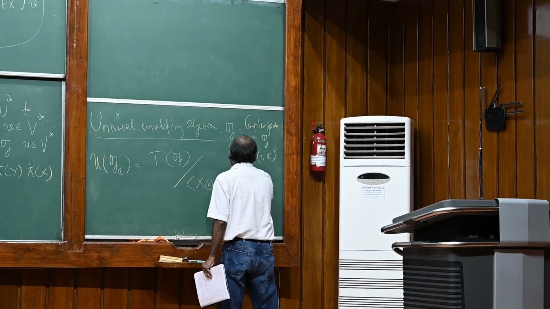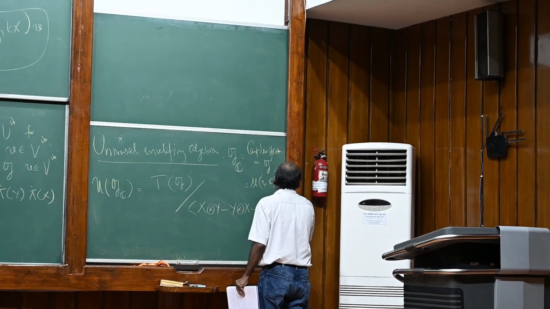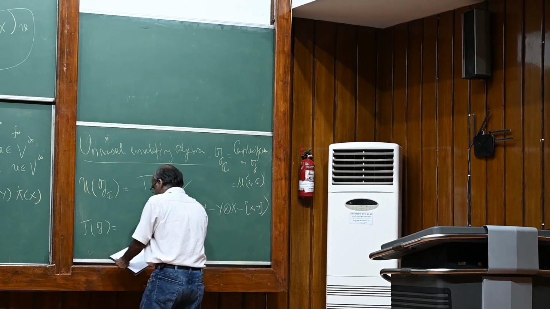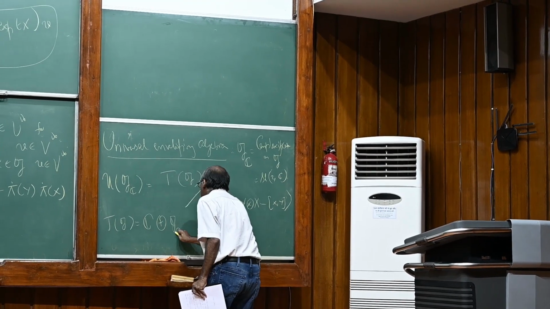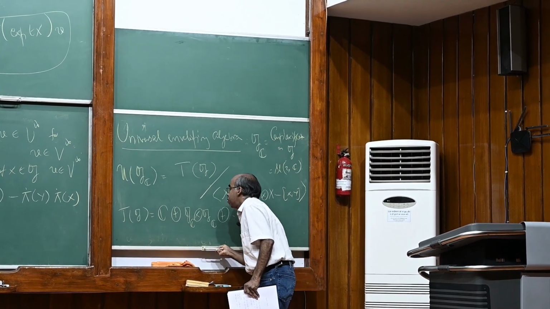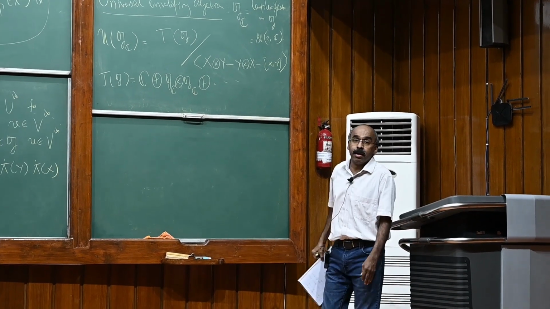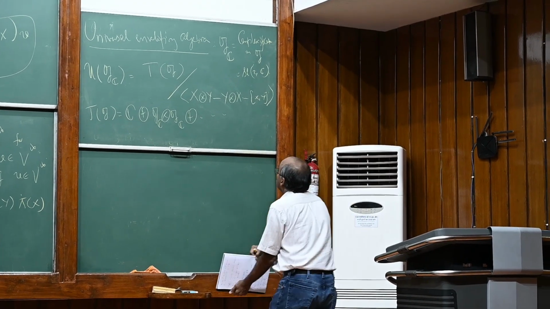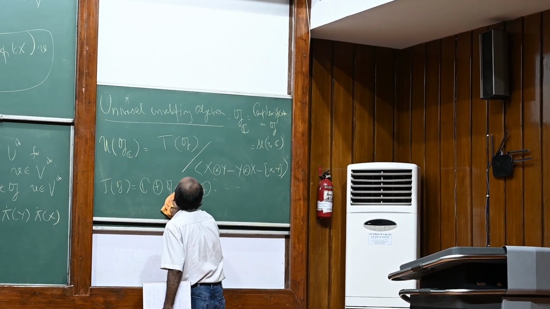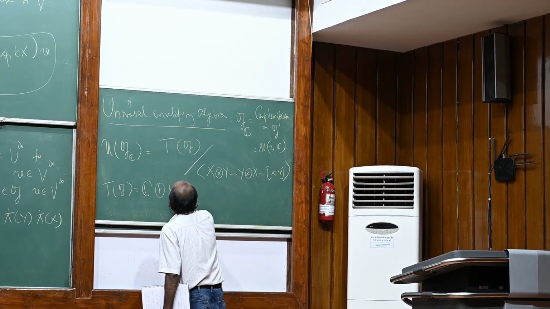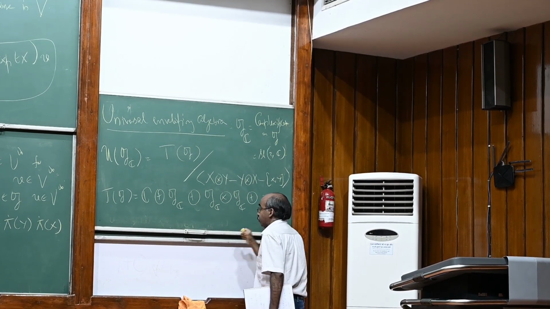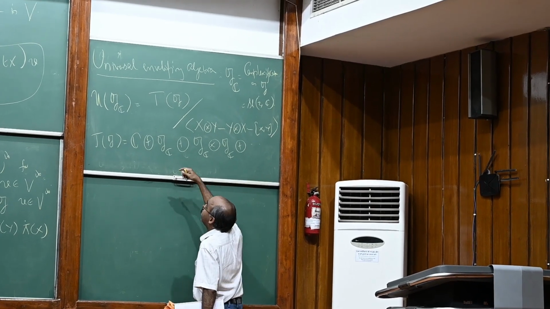So that is U of G_C equals T of G_C modulo the ideal, where T is the tensor algebra: C, plus G_C, plus G_C tensor G_C, and so on. Okay, so the Lie algebra sits inside the universal enveloping algebra.